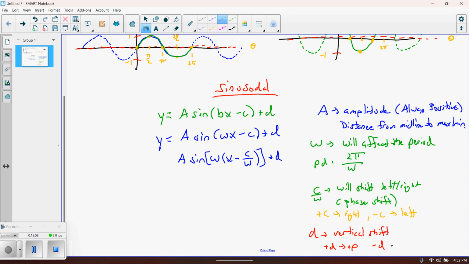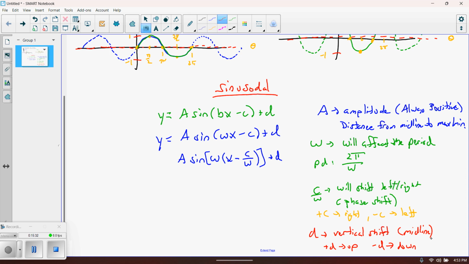If D is negative, it goes down that many units. And D will also shift your midline up or down exactly the same thing. And as a matter of fact, D tells you what the midline is. So D is your vertical shift. It's also the midline.